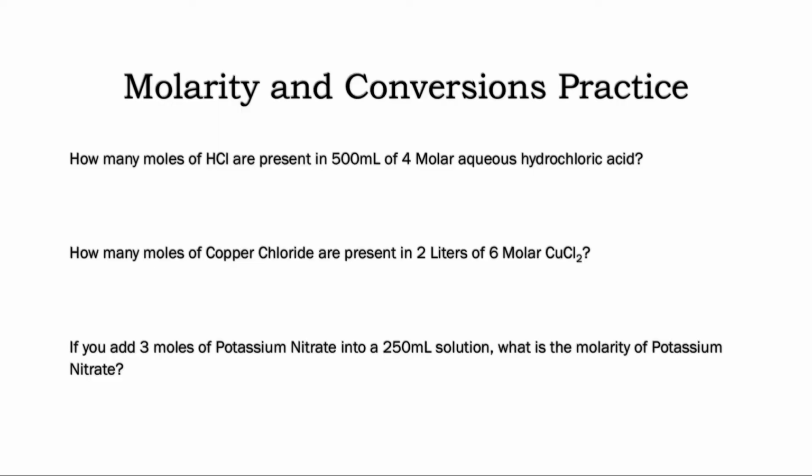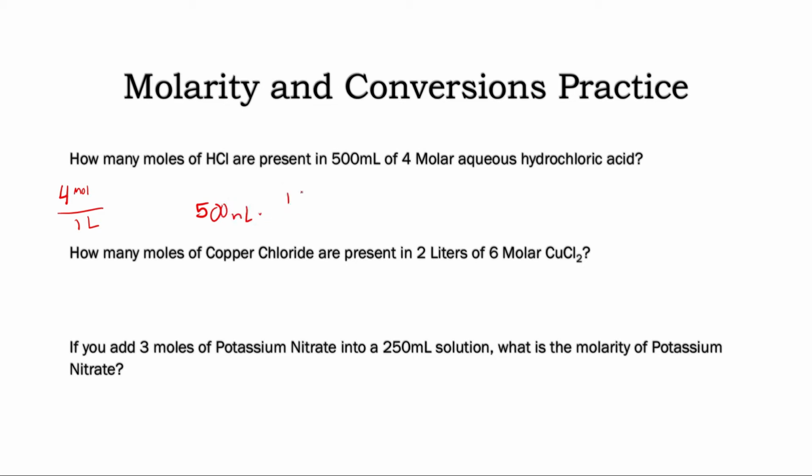So this first question asks us how many moles of HCl are present in 500 milliliters of 4 molar aqueous hydrochloric acid. Now, we know that we have 4 moles per 1 liter. That's what our molarity tells us. The question is how many moles are actually present with 500 milliliters. So we start with 500 milliliters, and we need to convert that to liters.